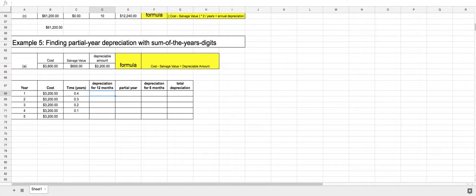Now, this compressor was purchased in July, so the middle of the year. So before we even do that, let's go ahead and find out what is the depreciation for this entire 12 months. So if we went cost times time, we'd get this amount. And let's just duplicate this formula all the way down.